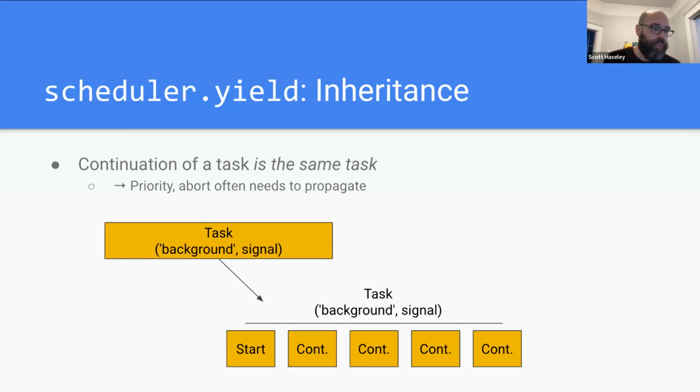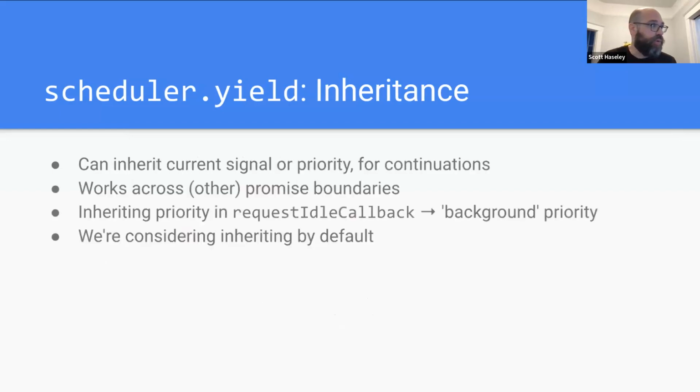To accomplish that, we have this idea of inheritance, where you can inherit the current signal or priority specifically for continuations. This is going to work across arbitrary promise boundaries, which I'll show in the next example. We also made this work with requestIdleCallback, so that will resume at a background priority, since idle tasks are already low priority to begin with.